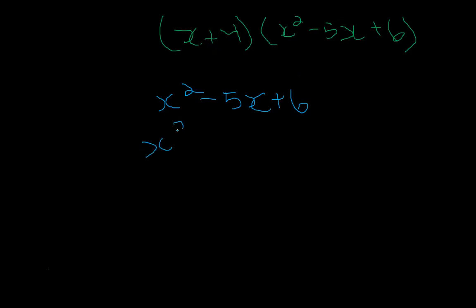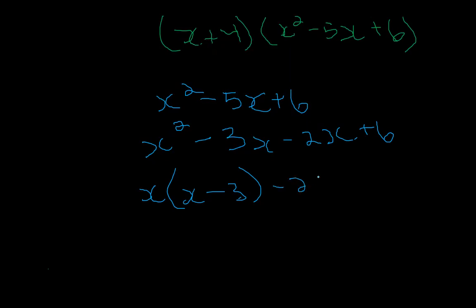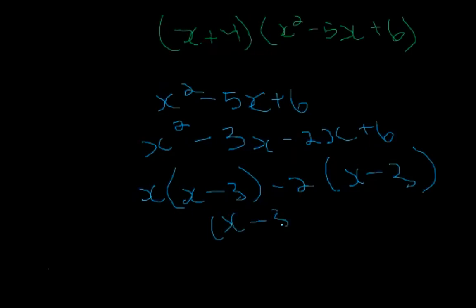Those two numbers would be minus 3x minus 2x plus 6. Factorized by grouping, that's x minus 3 minus 2, x minus 3. What does that mean? My factors are x minus 3 and x minus 2.